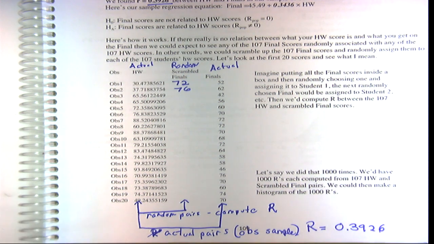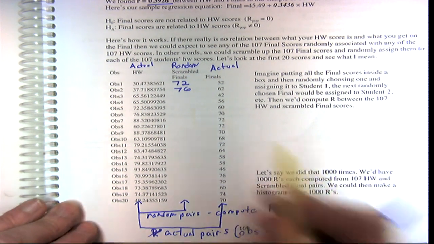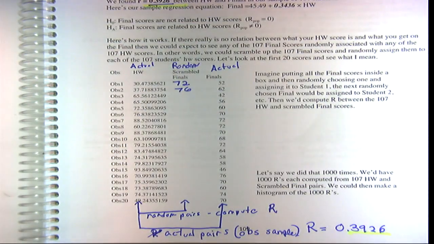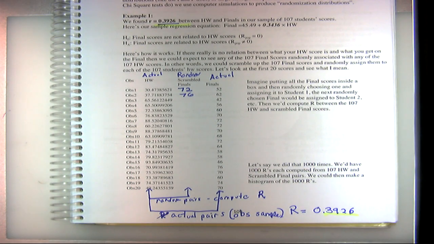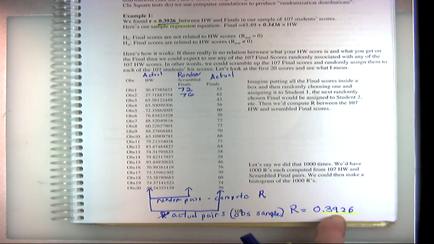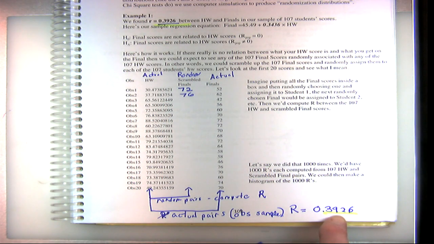That's what we had before. That's this. And we're just going to place that on the distribution and compute a p-value that way. Okay? Does that make sense?